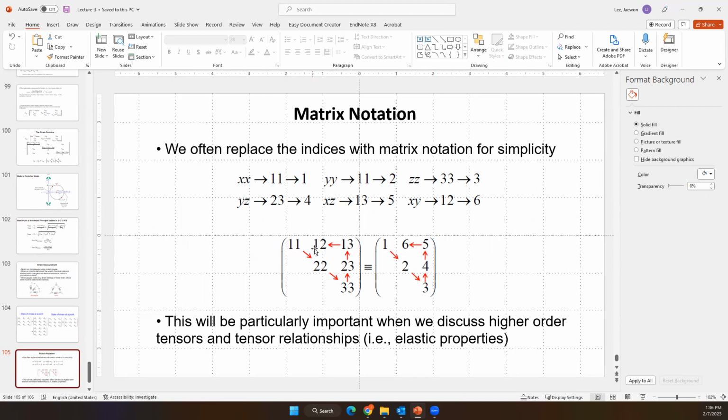At that time, we just use xx as 11, and then we can say this is 1.